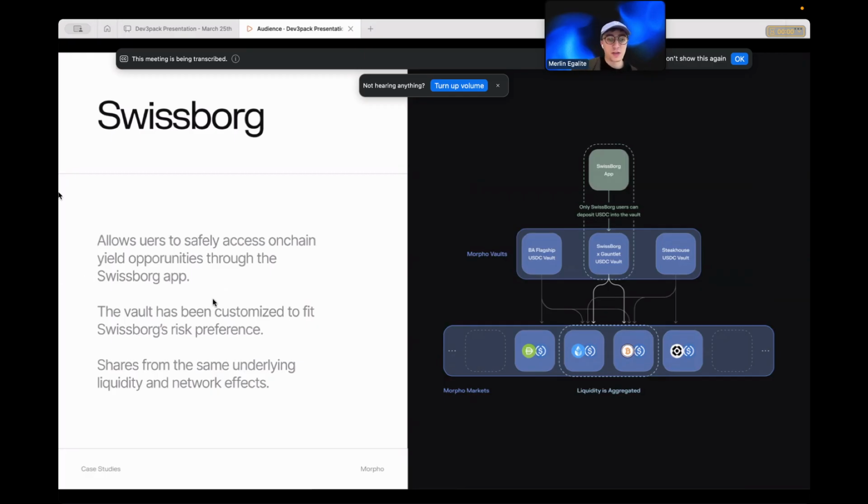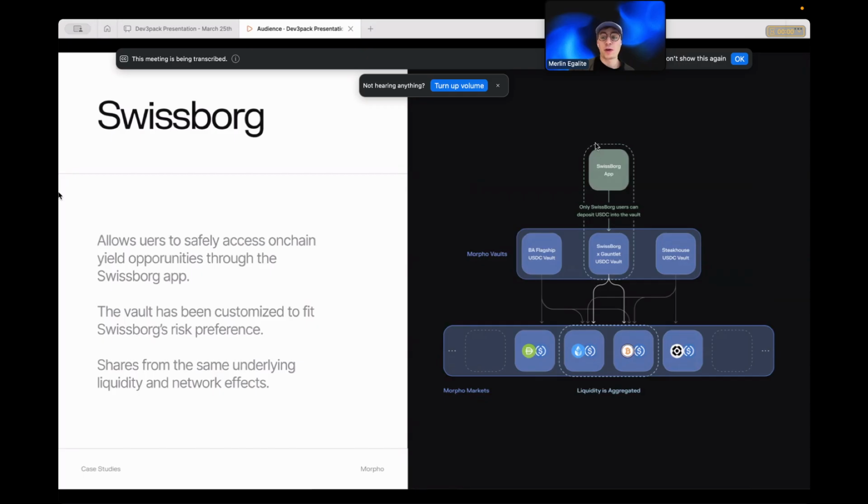So what they created is a Morpho vault that is created by Gauntlet. Gauntlet is a risk manager that is creating vaults. Swissborg did a very nice front end with an earn button where users can click deposit or withdraw, and it's basically depositing USDC into a vault that you can see here. So a Morpho vault that is then reallocating that liquidity into Morpho markets.